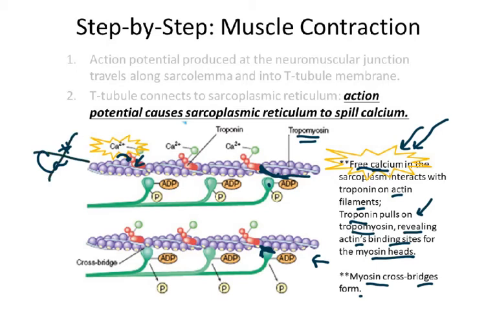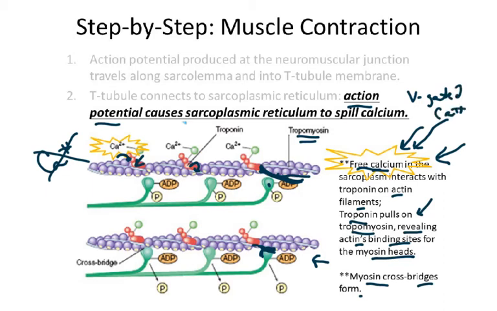Without calcium, that tropomyosin blocks it. But as soon as we spill the calcium, it interacts with troponin, and troponin interacts with tropomyosin, pushing tropomyosin out of the way, and then the myosin heads can bind the actin. But we needed the action potential to cause the voltage change that would open those voltage-gated calcium channels to get the calcium released.